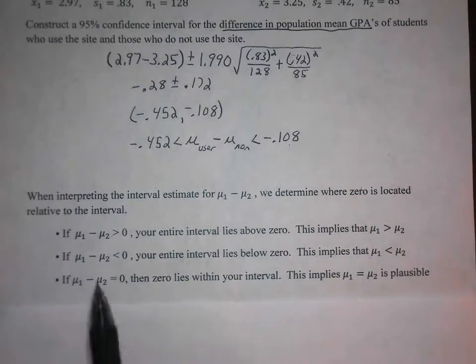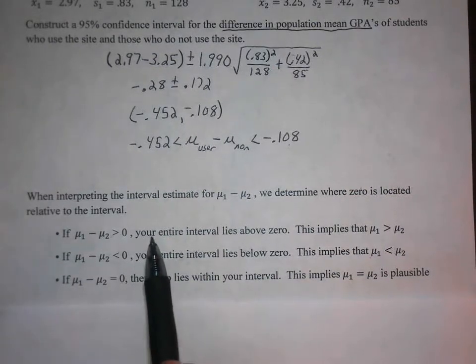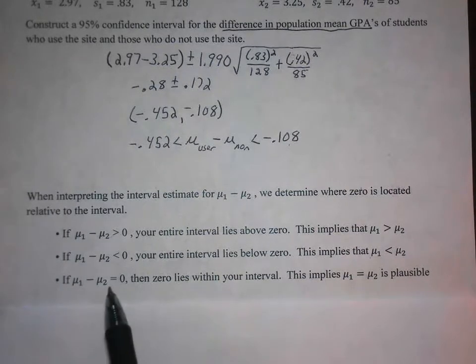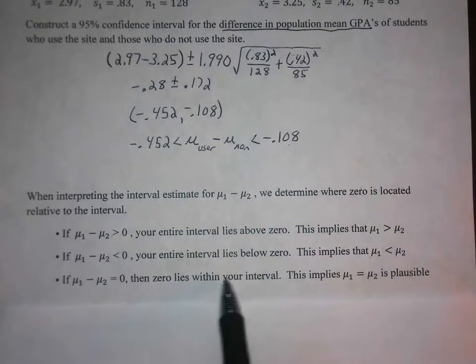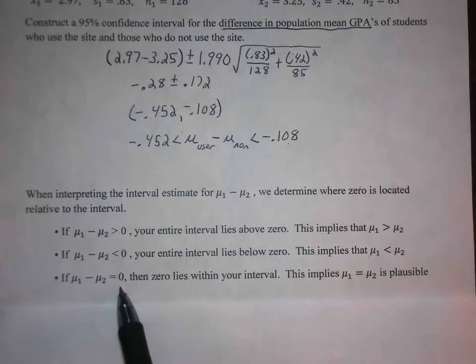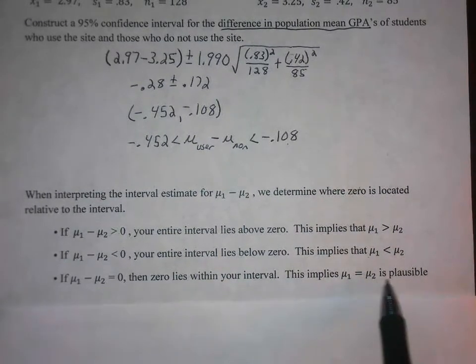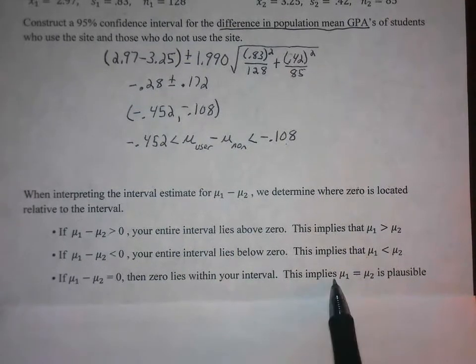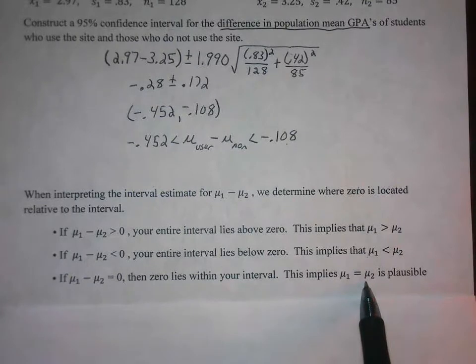Now the third thing that can happen, rather than your interval being entirely above 0 or entirely below 0, you could also have an interval that includes 0. So if 0 lies in your interval, that means that mu1 minus mu2 could have equaled 0. So it is plausible that the population means were equal to each other. So that would imply that there is no difference in the population means.